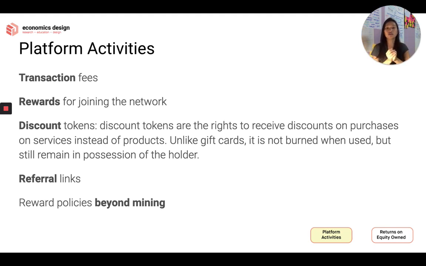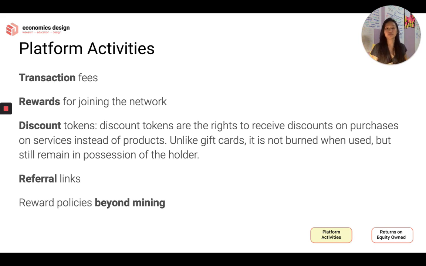The tokens can also be sold, so you can gain in two ways. The incentive is in two ways. The first one is getting discounts on the items and services that you purchase, and the things that you want that the ecosystem provides. And the second one is when the tokens rise in value, you can sell them, maybe because you don't want discounts anymore.